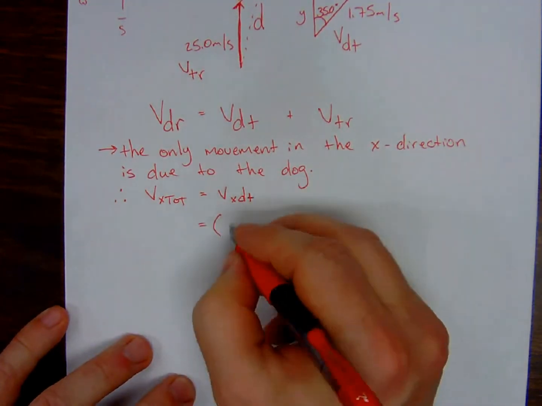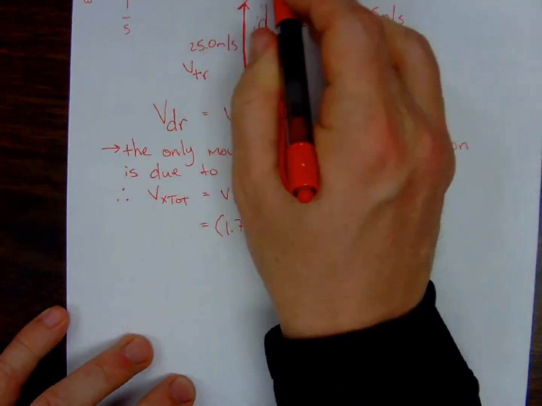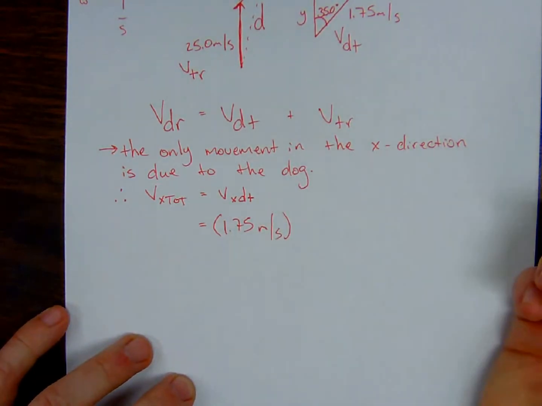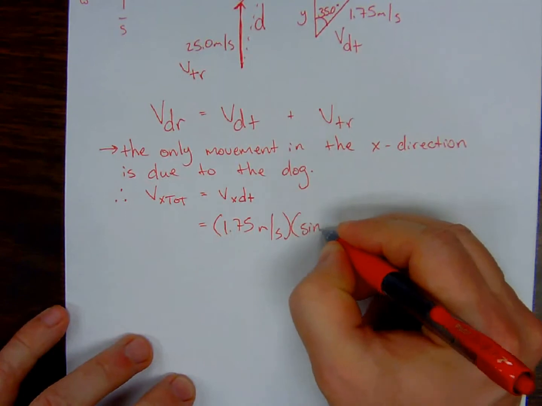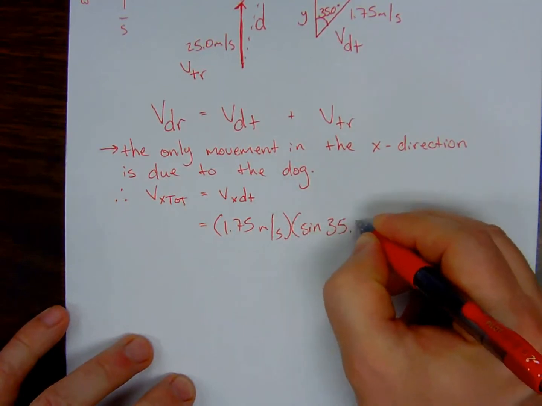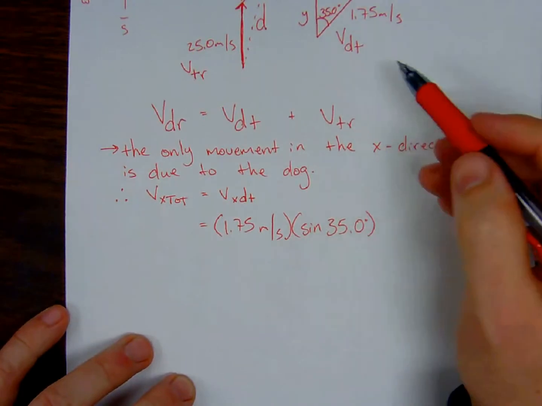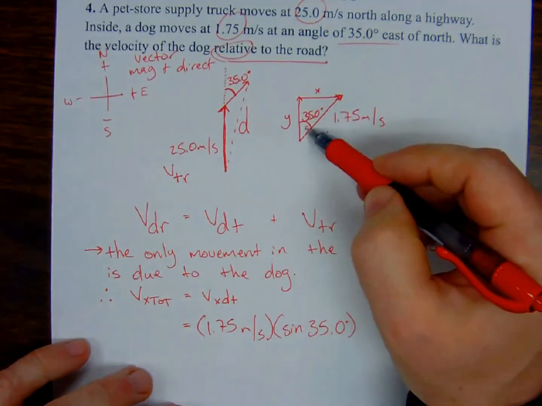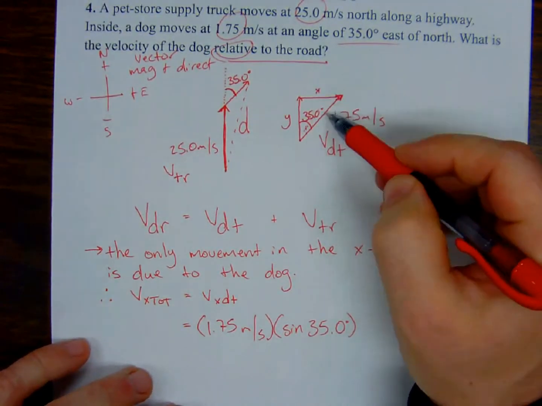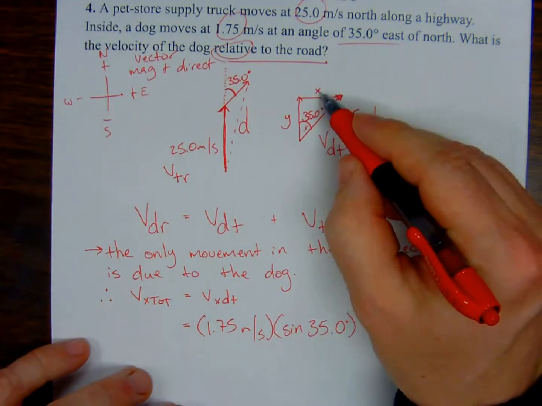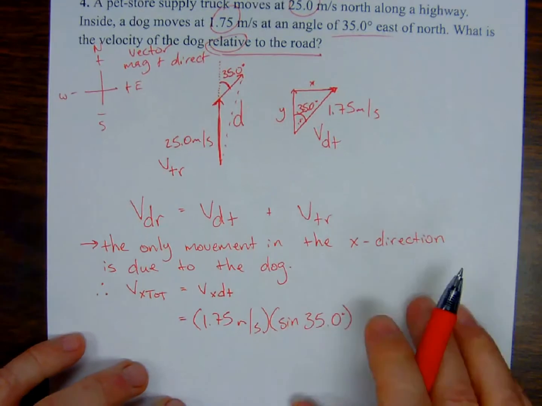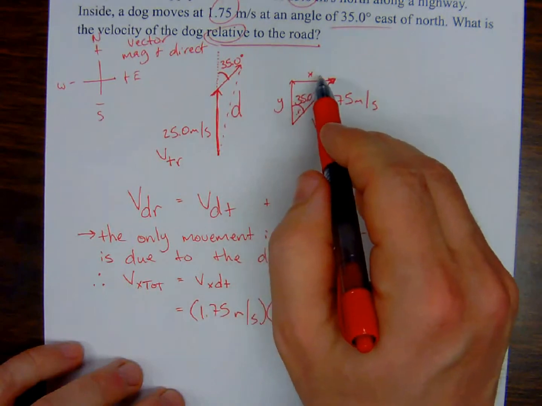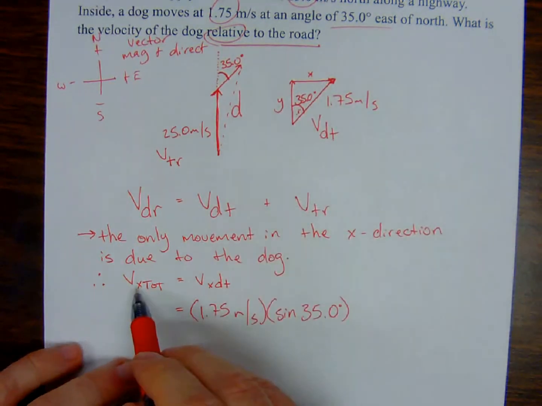The x component is opposite the angle, so it's going to be the sine of 35 degrees, and that'll give us the x component. That will actually be the total velocity in the x direction, because nothing is added by the pet store supply truck. When I put this into the calculator, it comes out to be 1.00 meters per second. So that's going to be one side of our new triangle that we get to use to calculate the resultant at the end.